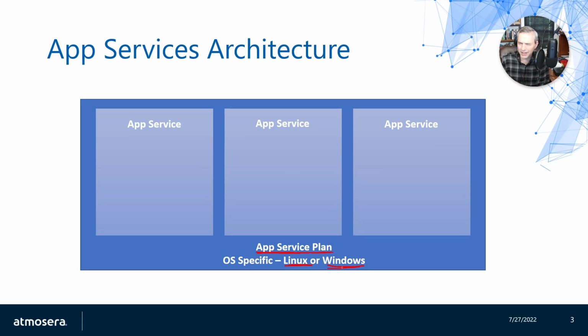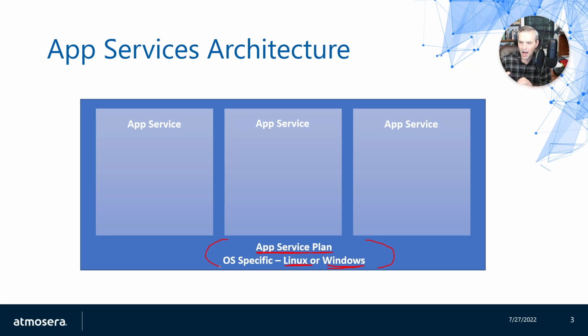I think you can put up to some obscene number of app services on an app service plan. I think it's 1,000 or 500. I can't remember the exact number, but basically what that means is I can insert N number of apps into that reserved compute that I have, on top of whatever operating system I have. So if I buy an app service plan that has 8 cores and 16 gigs of RAM, I can cram as many app services into that as I want.